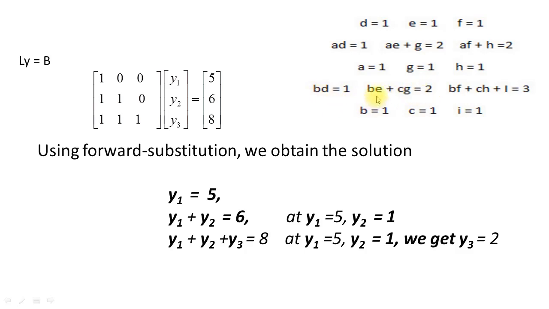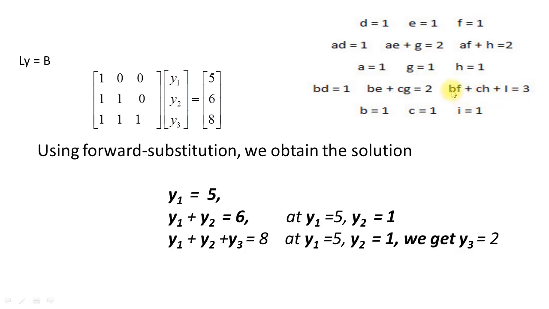And BE plus CG is equal to 2. So putting the value of B, the value of G, and the value of E, we obtain C is equal to 1. Now BF plus CH plus I is equal to 3.